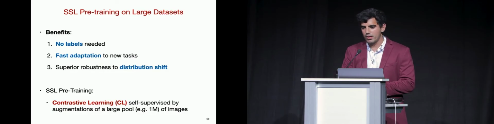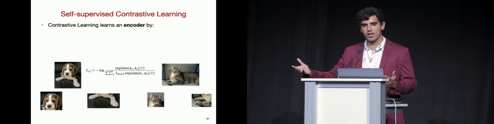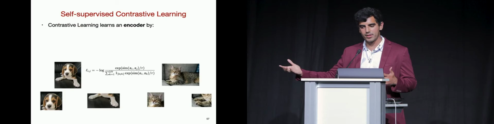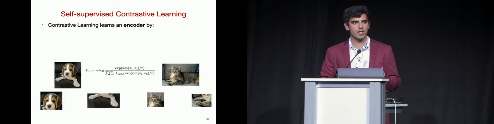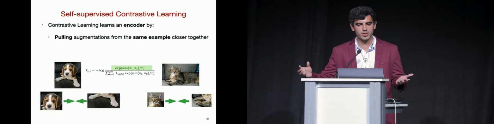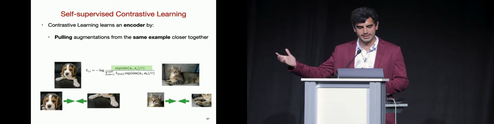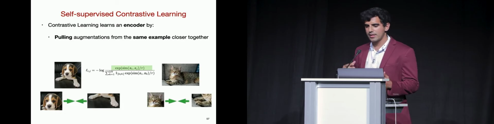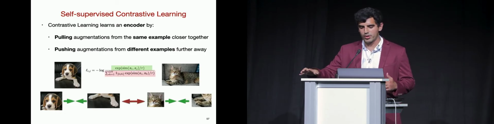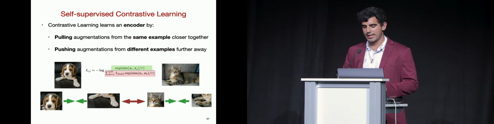For example, we can think of a method like contrastive learning as one of the best performing self-supervised learning pre-training methods. Here, essentially, you learn through the self-supervision provided by the augmentations of a large pool of images or text data. And here you can think of methods like SimCLR, etc. No worries if you're not familiar with contrastive learning, because I'm going to describe it in the next slides.